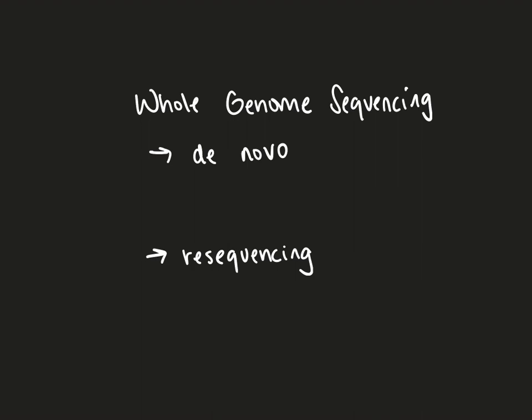Resequencing is when there's already a genome for that organism, but you think that there are small variants in your population, so you want to resequence the entire genome and compare it to the reference genome in order to see those small variants. Sometimes people perform de novo sequencing, even if there is already a reference sequence, if they're expecting big changes in their population.